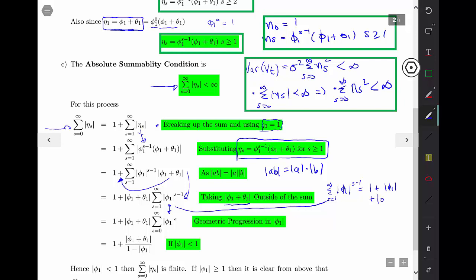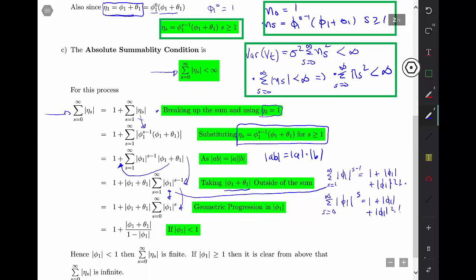Then plus phi 1 squared, dot dot dot. And we can see this is exactly equal to this here, shifted back one period. At s equals 0, we get 1, at s equals 1 we get the absolute value to the power 1, at s equals 2 we get phi 1 squared. The two things are equal to each other, so we just shifted back one period to get from here to here.